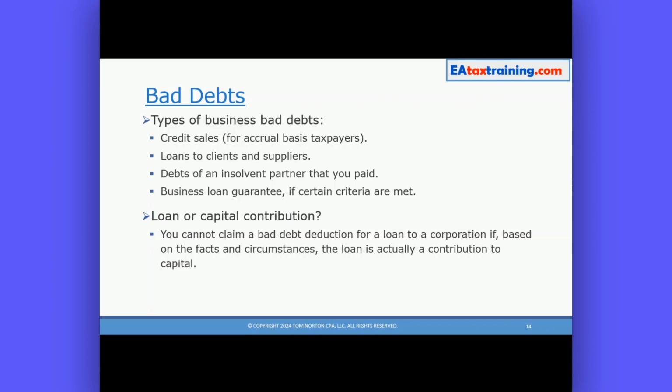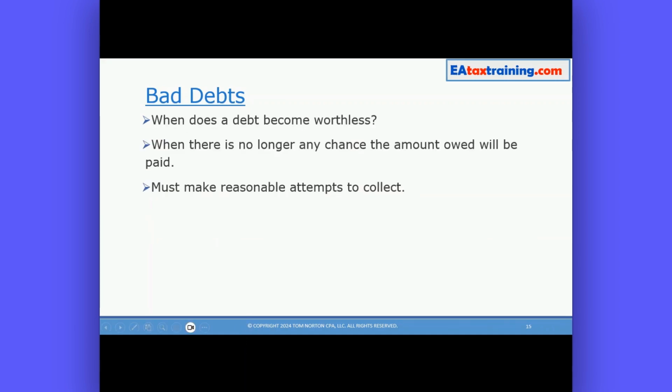You want to have whatever contracts, agreements, or documentation that you would have if you were dealing with a third party, and you want the actual economic substance of the transaction to be legit. And so that's what this is talking about.